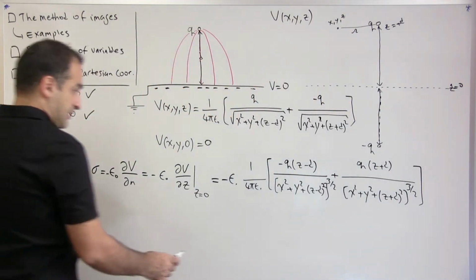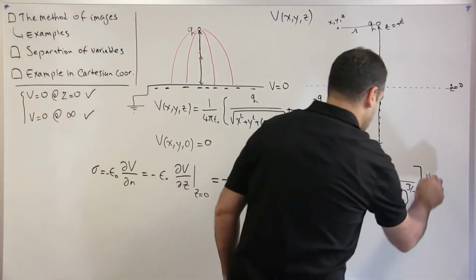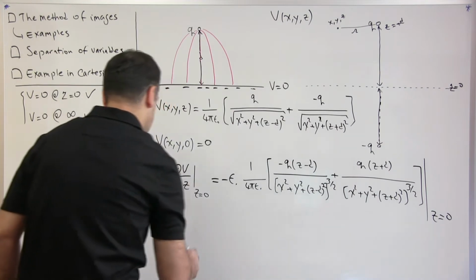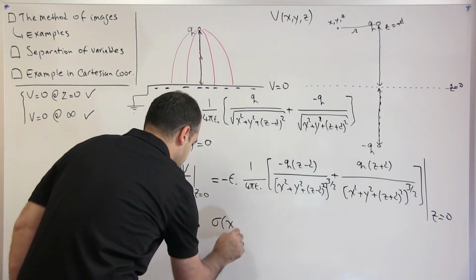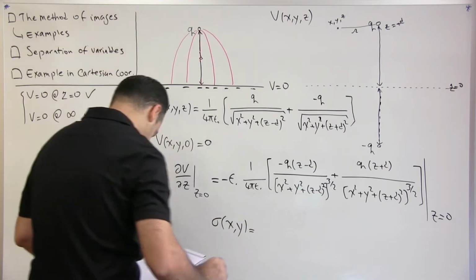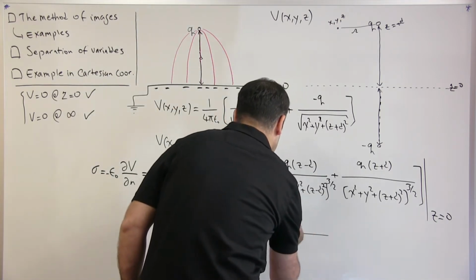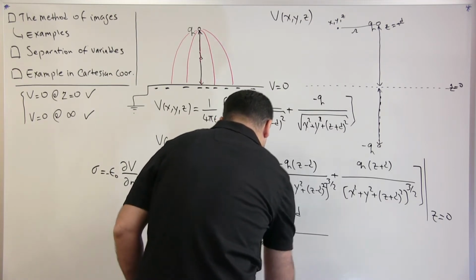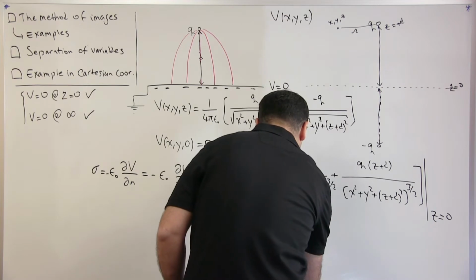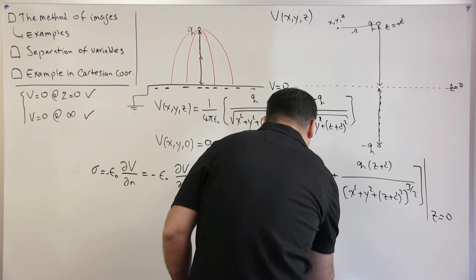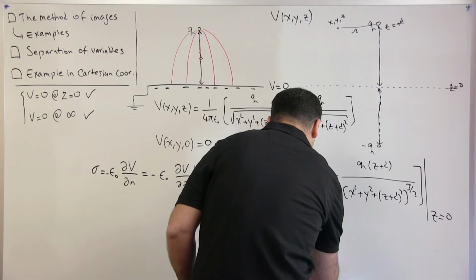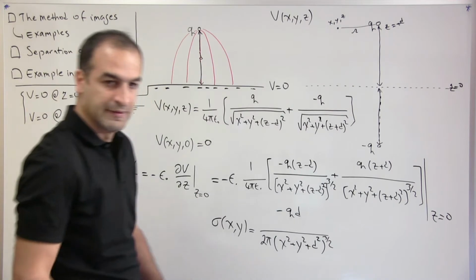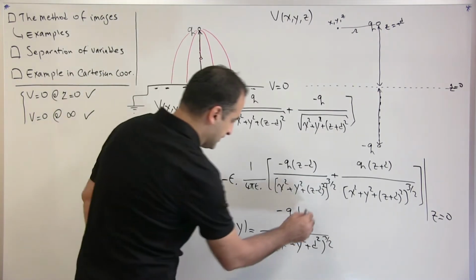If we calculate the whole thing at z equals 0, it becomes a lot simpler, and sigma as a function of x and y becomes negative qd divided by 2 pi times (x squared plus y squared plus d squared) to the power of 3/2.